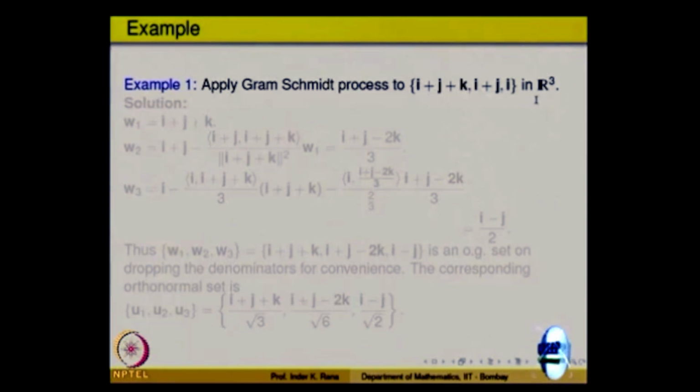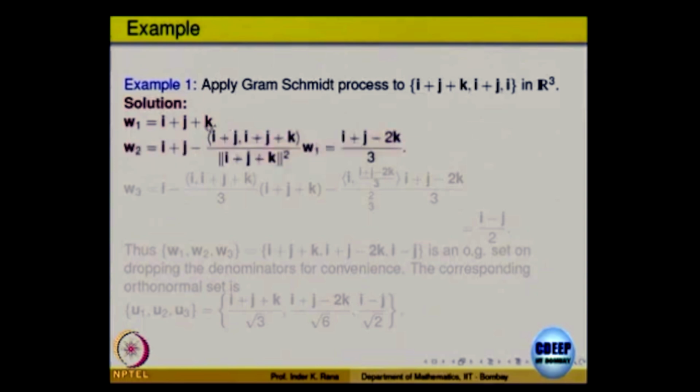Okay. So what is W1? The first one, i plus j plus k, right? What is W2? Remove the projection. W2 is i plus j, that is the original second one, minus the projection. That is i plus j dotted with i plus j plus k, that is W1, divided by the norm of W1 squared, times W1.